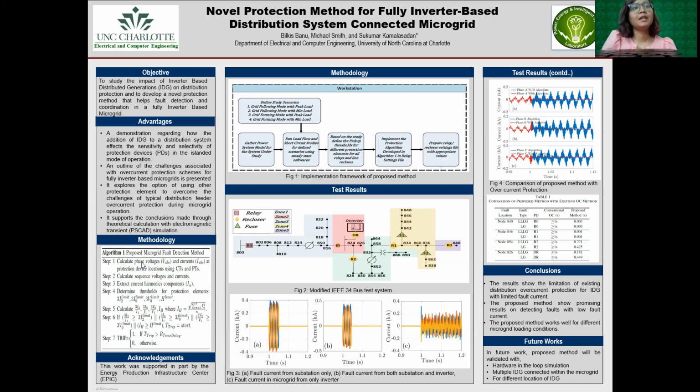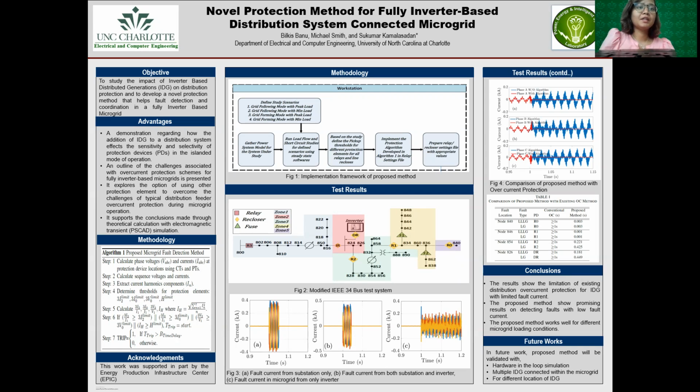At first we have to take base voltage and current measurements at each of the protection device locations using a current transformer and potential transformer. After that we have to find the sequence voltages and currents using the phase measurements, and then extract the harmonic oscillation, and then determine the thresholds for protection elements.